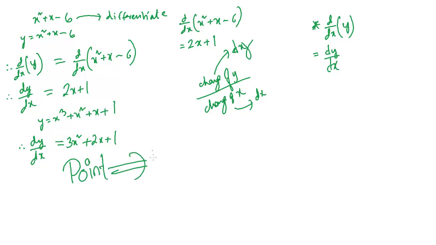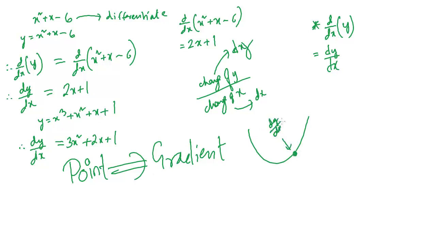So we need a point to find the gradient of a curve. If you know the point, then we can find the gradient of the curve at that particular point, because there is no such thing as the gradient of the entire curve, since the curve keeps changing direction. So when I say gradient of the curve, I mean the gradient of the curve at a particular point. For this particular point, it has one gradient.